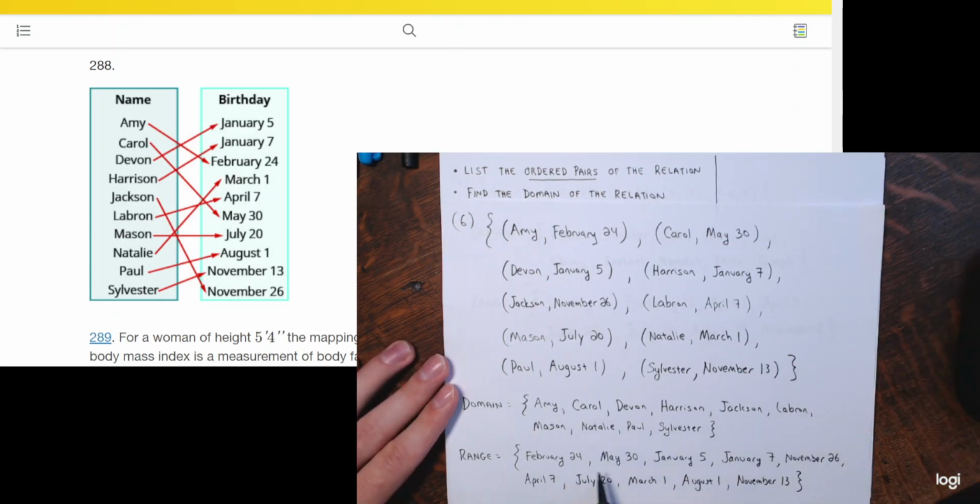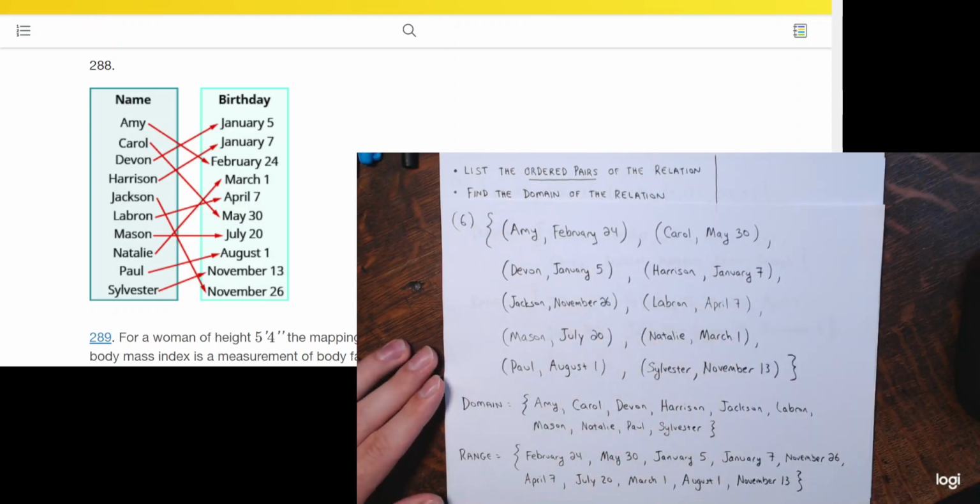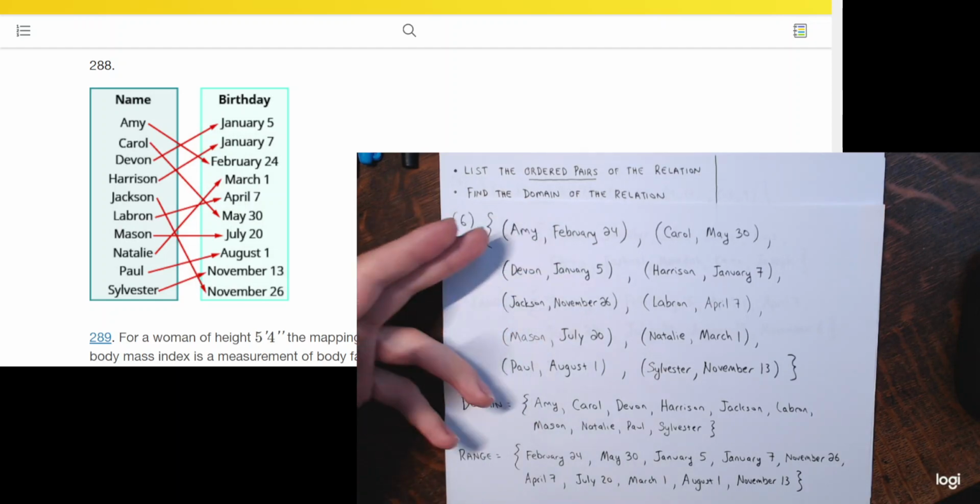Okay, and there they are, all 10 of the birthdays, listed in a set, all the second coordinates of my ordered pairs, thus the range of this relation. This is another relation that you could describe in words. I mentioned at the top of the video in the first example, sometimes relations can be described in words. We just simply say, a person's birthday.